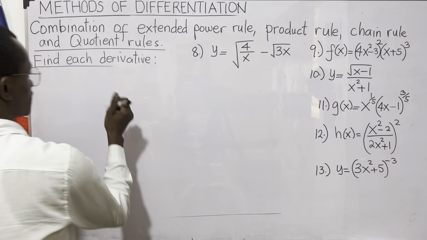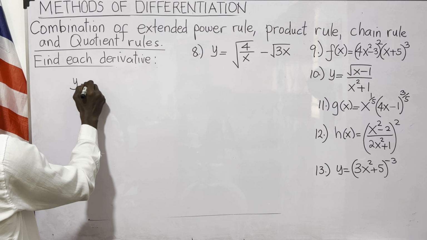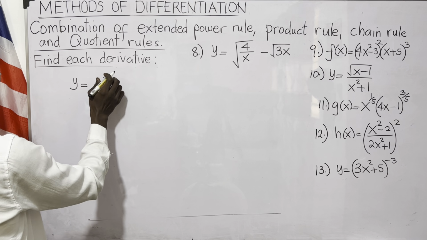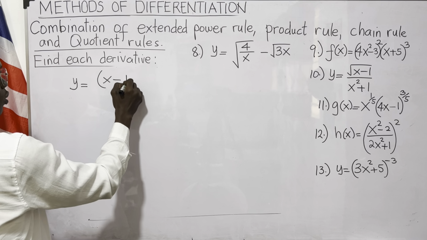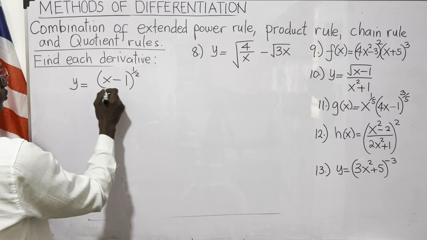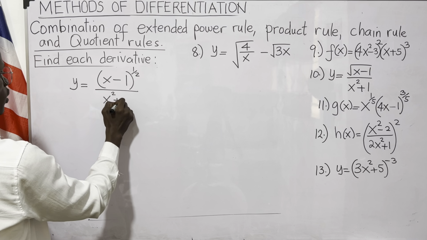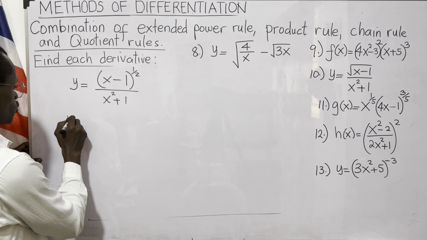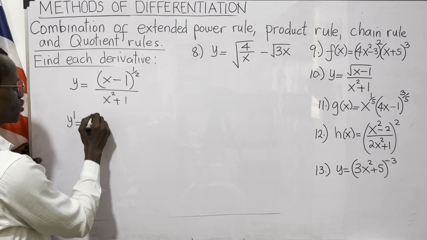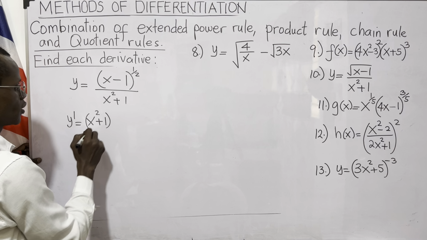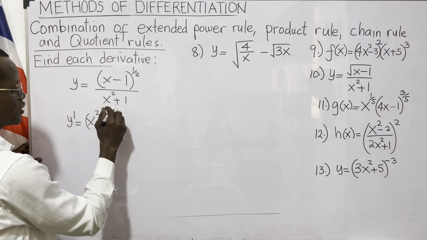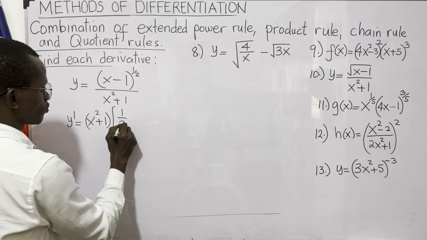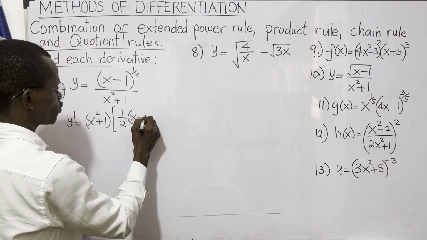Next problem says y equals the root of x minus 1, so that root we just rewrite it as 1 over 2, over x squared plus 1. So again, we use the quotient rule. So y prime gives us x squared plus 1. We hold on to this and differentiate this. In differentiating this, we drop the power 1 over 2 and rewrite x minus 1.